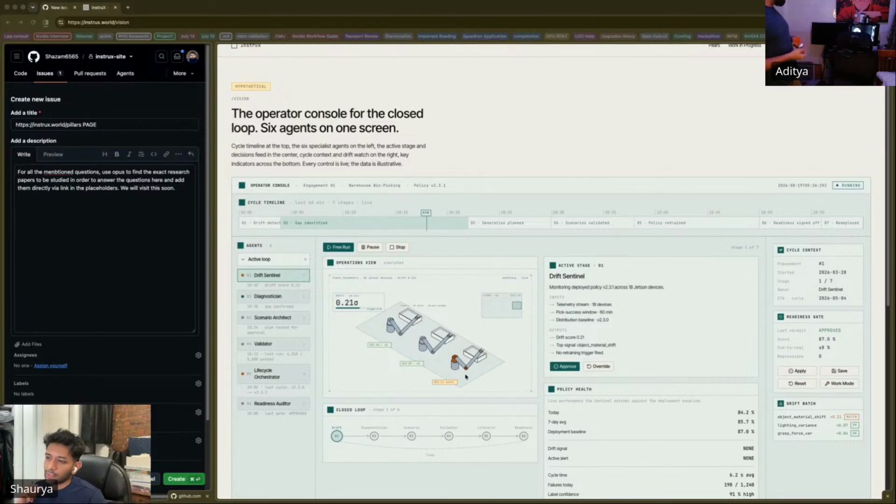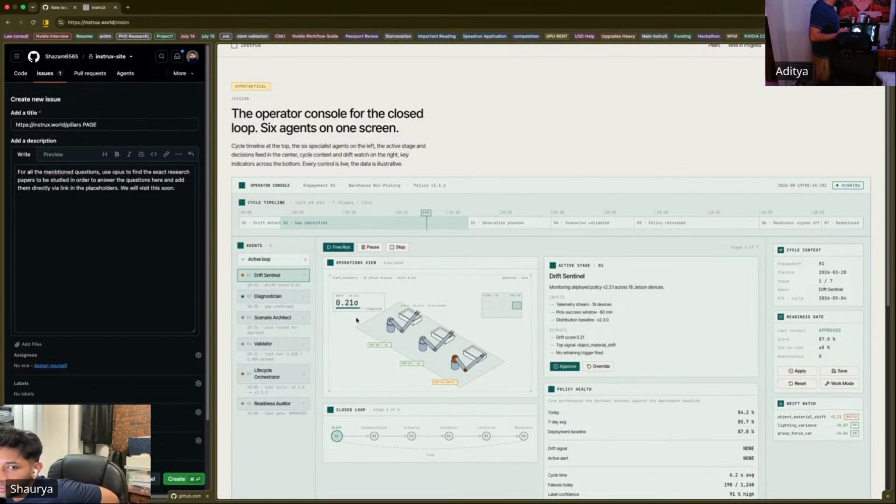Because like Drift Sentinel, the main goal for Drift Sentinel was to basically capture the failures. But the failures would already be addressed in the policy training, because we have already run the neural network and it has already captured the failures and then basically redid the neural network.